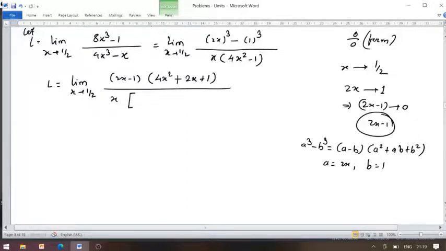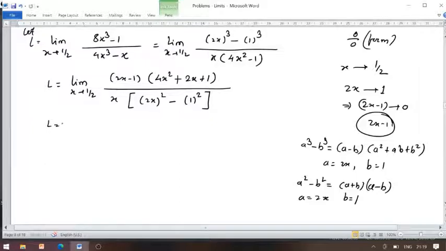Now we can write 4x square as 2x the whole square minus 1 square, which is itself 1. Again we have the identity for a square minus b square, which becomes a plus b into a minus b, where here again we have the same value for a as twice x and b as 1.